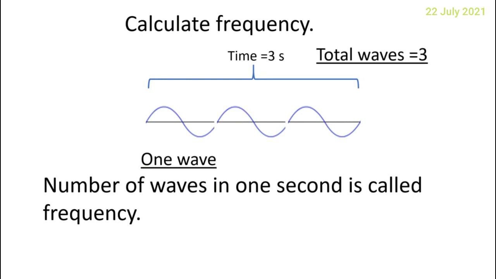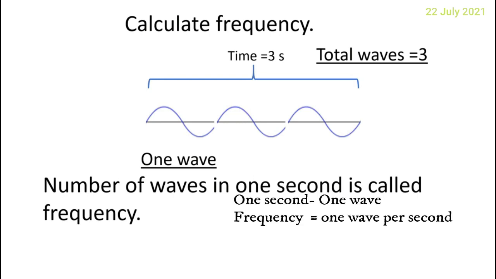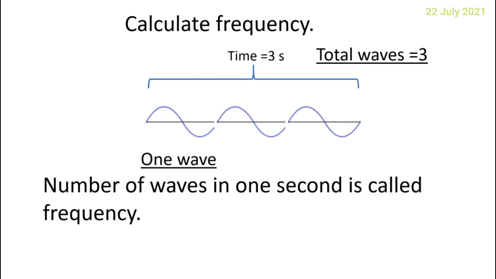Right. And now you can tell me 3 waves are formed in 3 seconds, therefore in 1 second, 1 wave will form. Is it not? So 1 hertz or 1 wave per second is the frequency of this pattern.